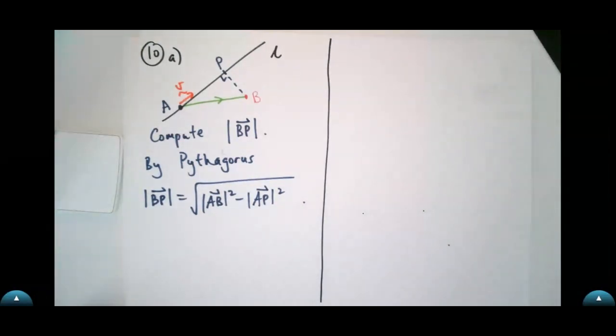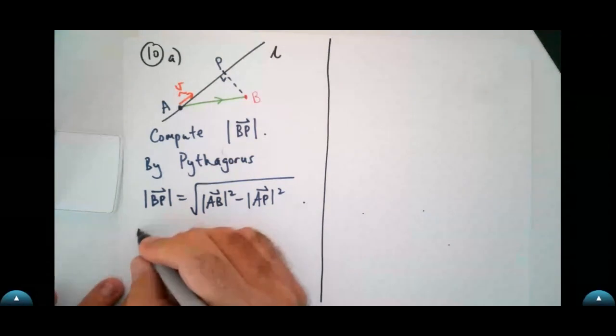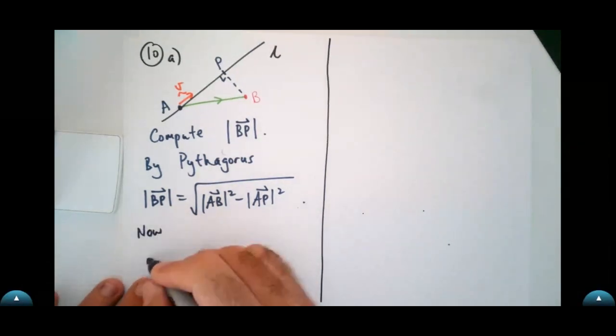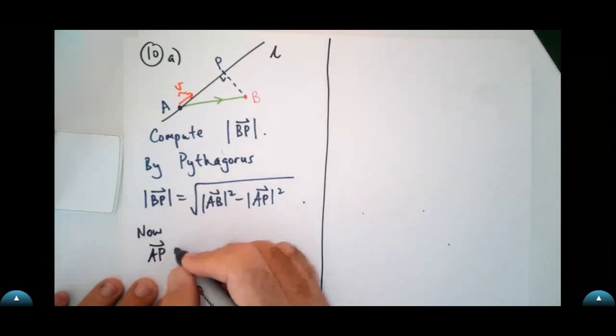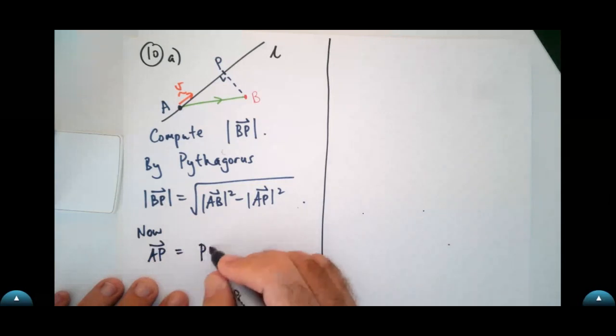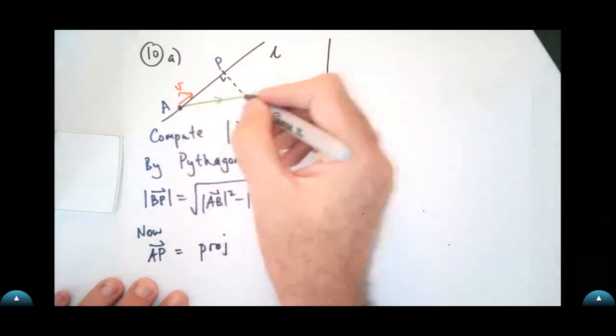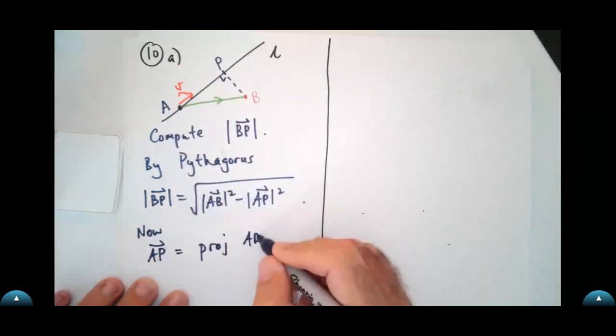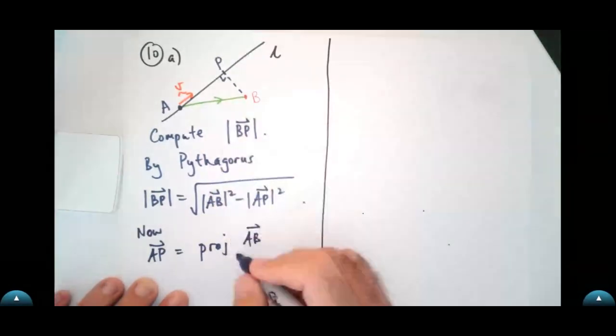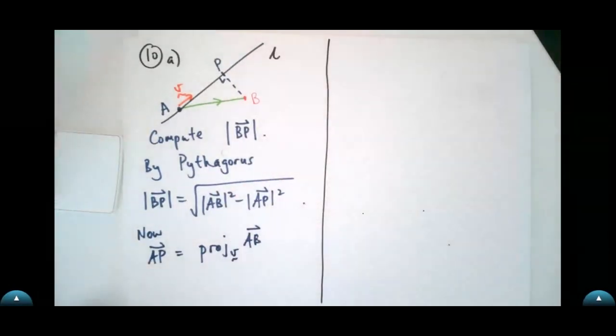So what do we do? Well, this vector is just the projection of AB on V. And what is this?